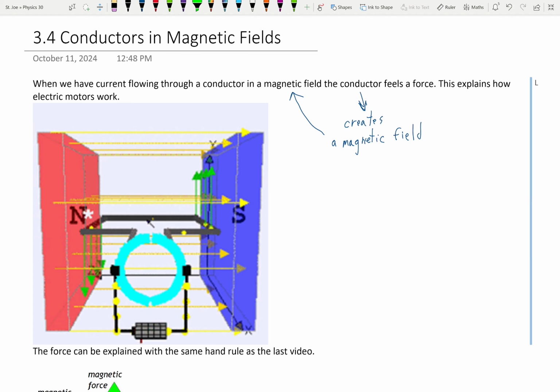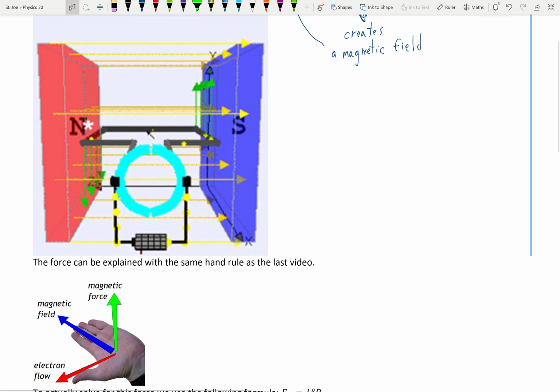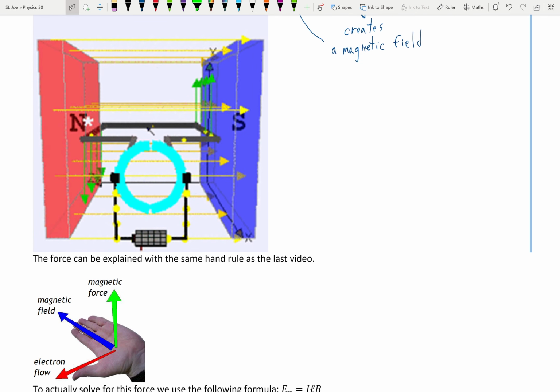Most of the time here, we're going to be looking at the force occurring on the conductor, so we use the third hand rule, just like in the last video with the charged particle. But now we're looking at a whole wire that has moving electrons along the wire.